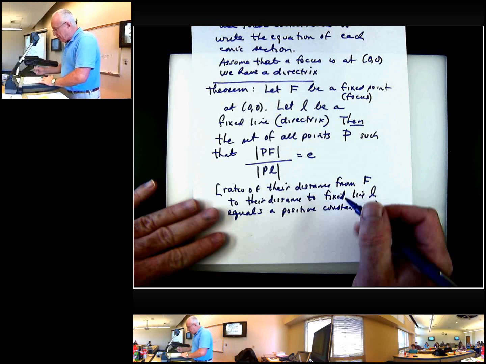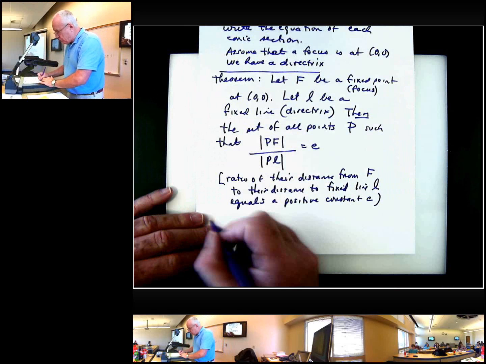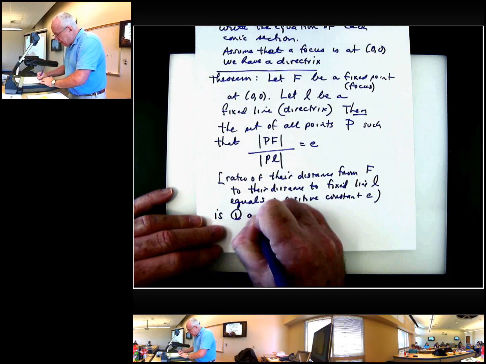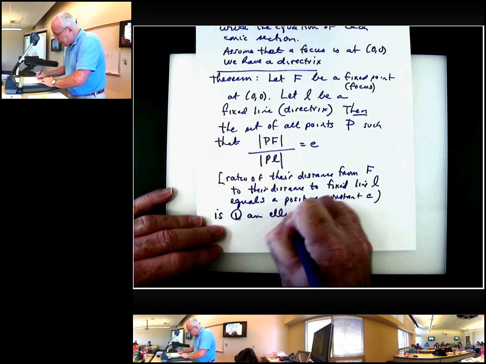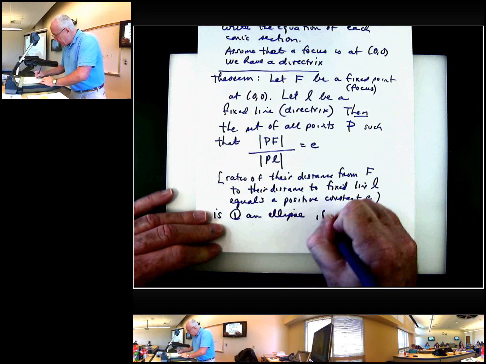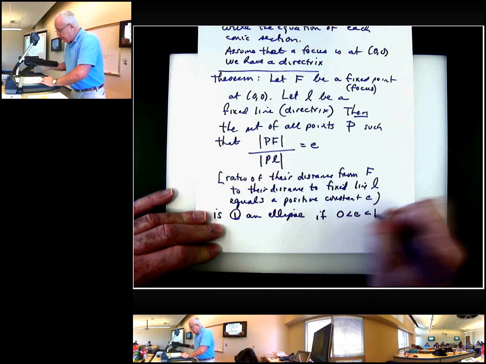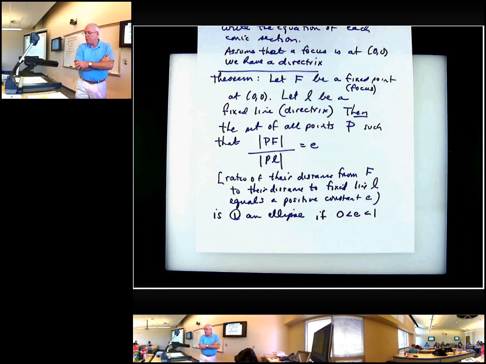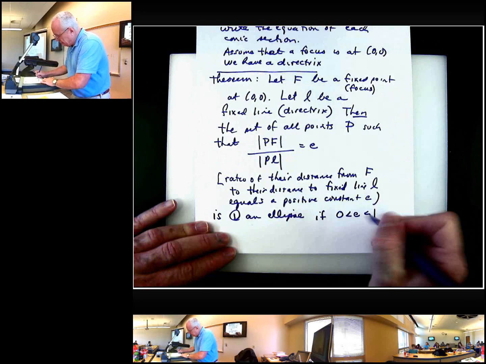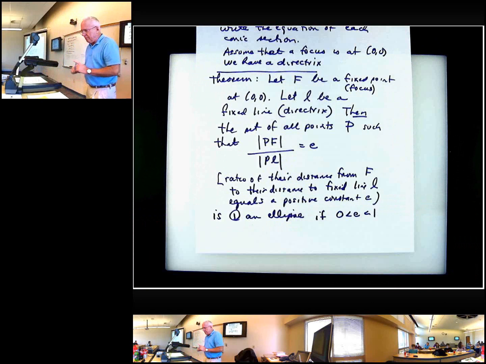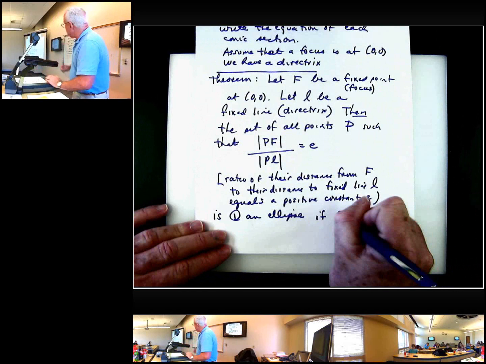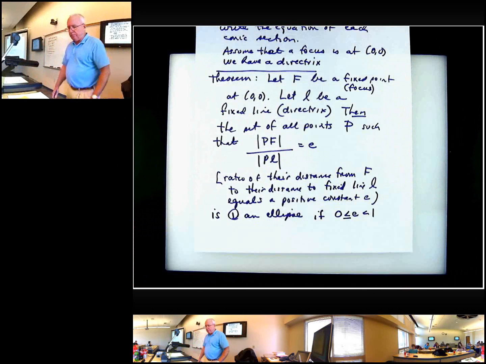So what about this set of all points? Number one, these points are an ellipse if that e is a number between 0 and 1. Technically I could put an equal sign there by the 0.